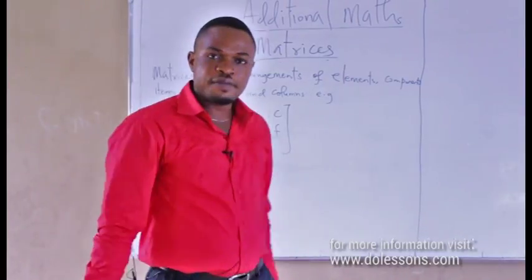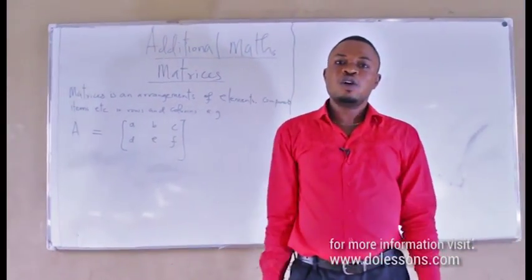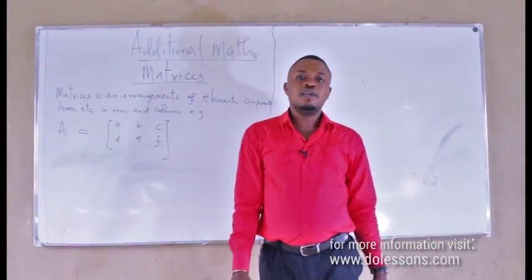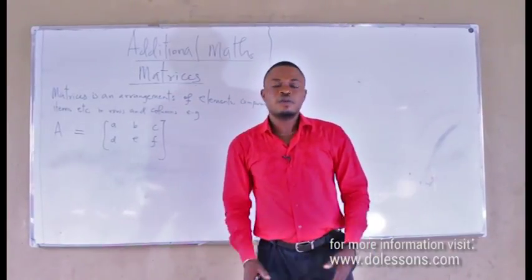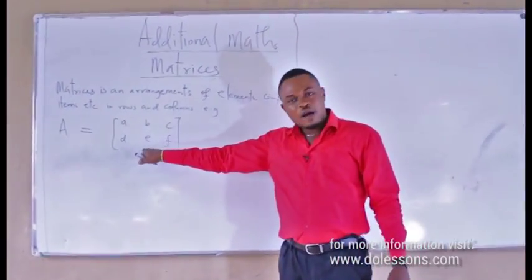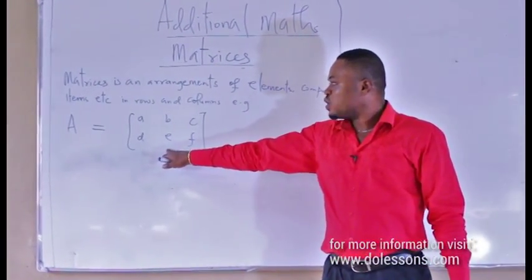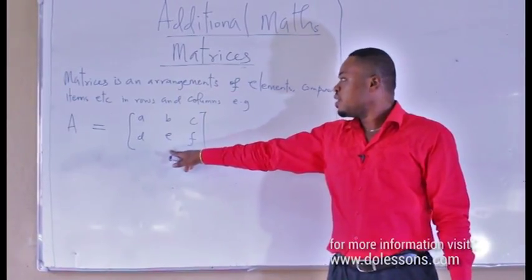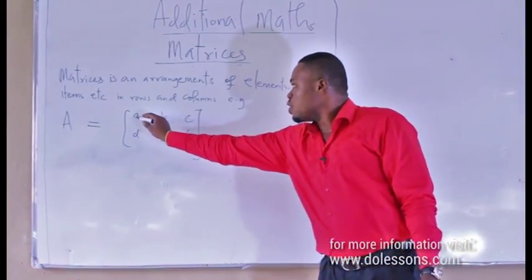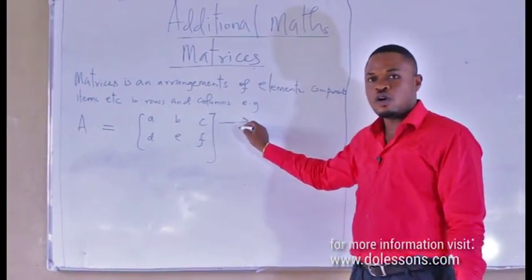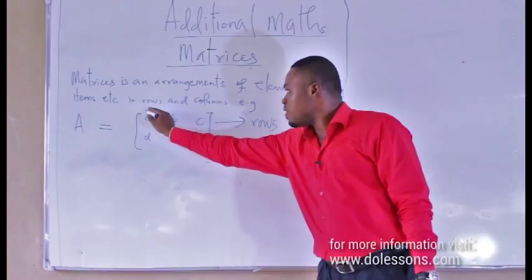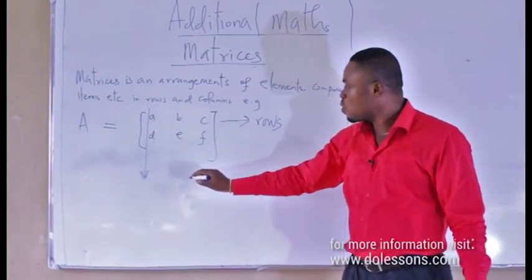In matrices, we have what we mean by the dimension of a matrix. The dimension of a matrix is simply the number of rows and columns present in the matrix. Like the matrix above, the dimension of this matrix is the number of rows times the number of columns. Here, the horizontal elements constitute what we call rows, whereas the vertical components constitute what we call the columns.